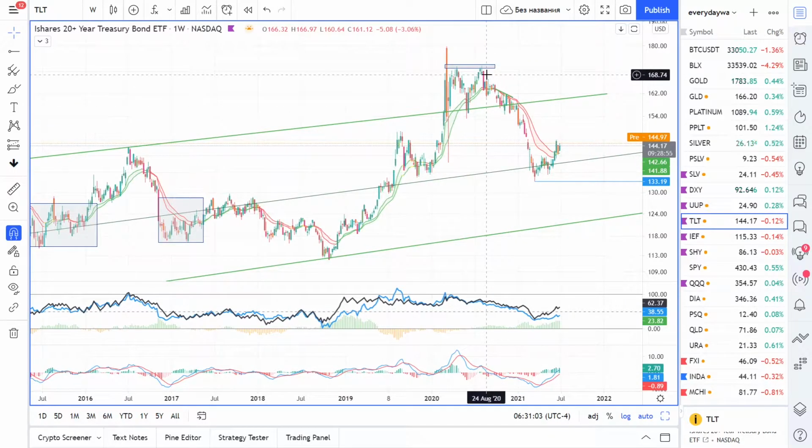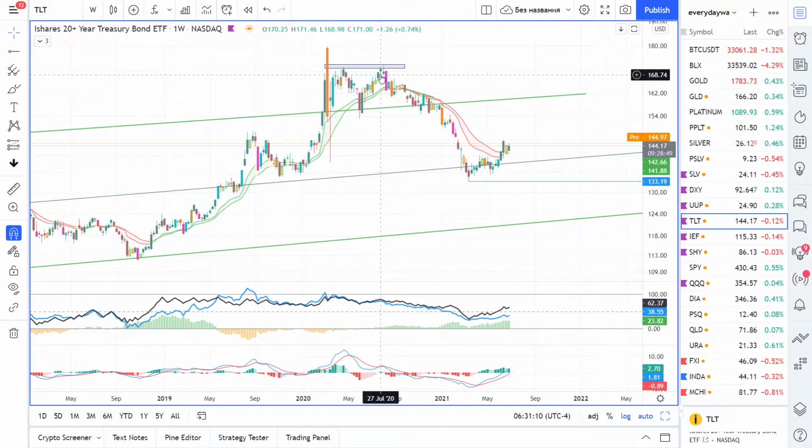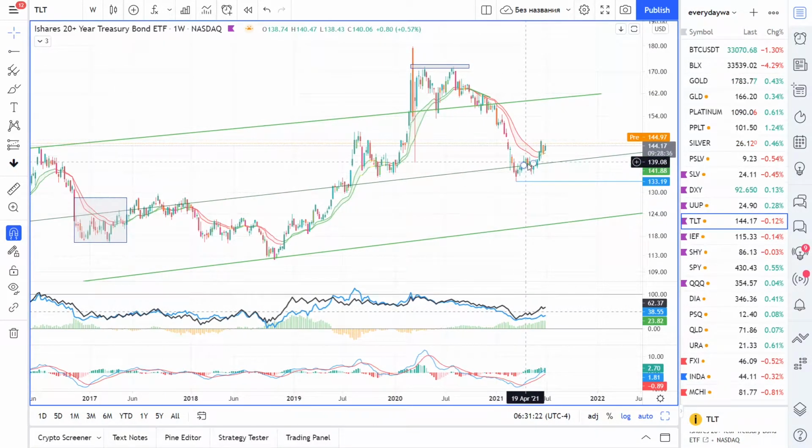Recently, in 2020, we tried to break this channel to the upside, and here we've got some serious resistance. We've got divergence, volume was not supporting the trend anymore, and we started trending lower.